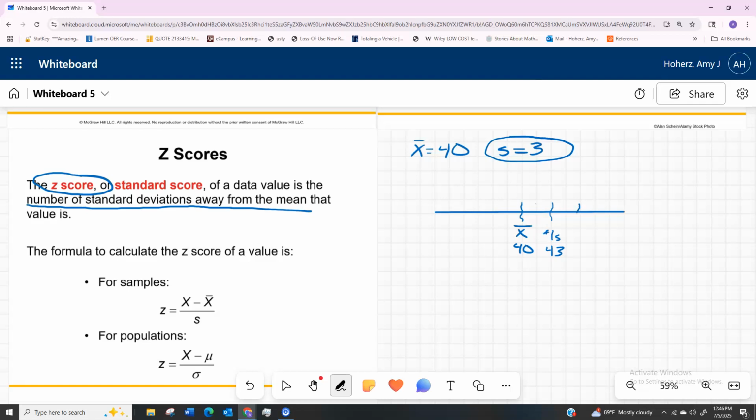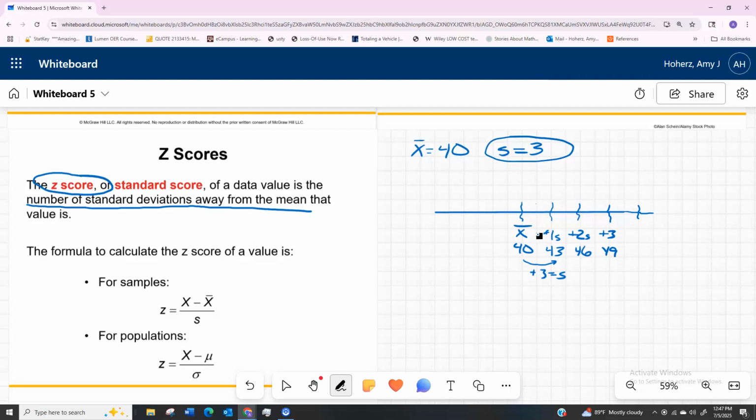Then, of course, if we go to 2 standard deviations, we're at 46, because again, we're going up by 3 each time, which is the s. If we go up to 3 standard deviations, we're at 49, and we'll go up 1 more.